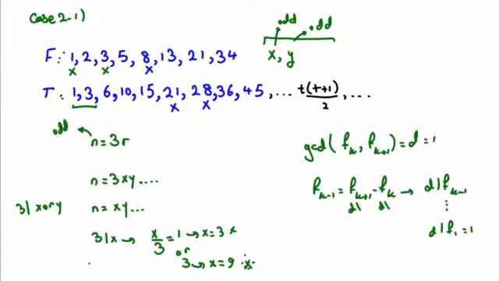If 3 divides y, then what can we conclude? If 3 divides y, y over 3 is also a divisor. I want to say y over 3 is less than x. I want to say y is less than 3x. The reason is this. y is x plus z, and z is less than x.